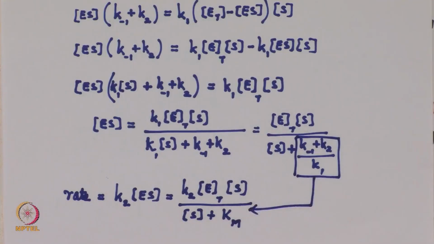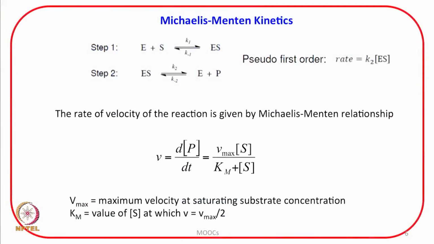Now, let us go back to the slide and take a look. The rate, which is dP by dt, is Vmax into concentration of S over Km plus S, where Vmax I am writing as the product of K2 into total enzyme concentration.